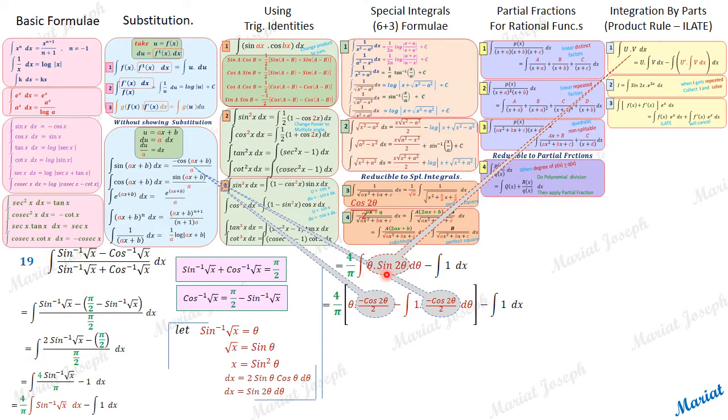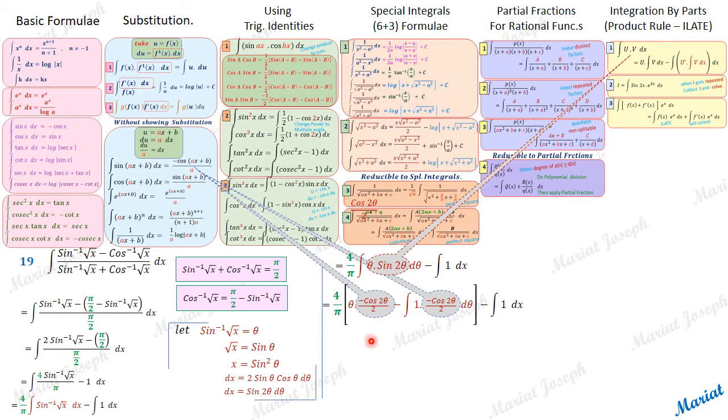Sine 2 theta integral is minus cos 2 theta upon 2 according to this formula, minus cos ax plus b upon a, this direct pattern, without showing the substitution. So, minus cos 2 theta upon 2. And twice we have to apply that integration in the formula, integral of second, again integral of second. Both times we apply the same formula.